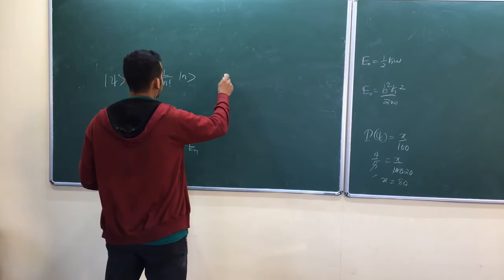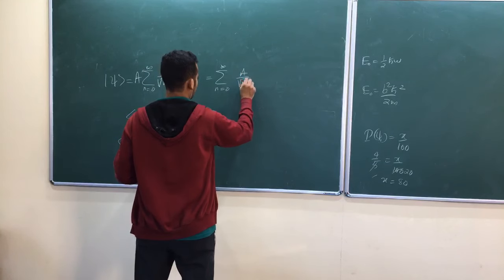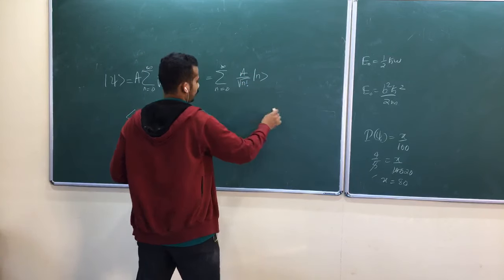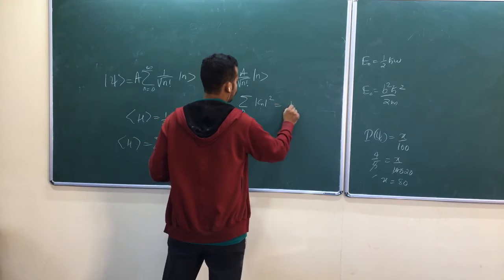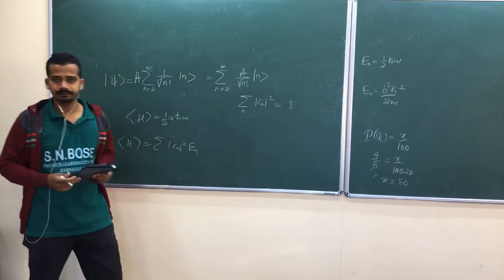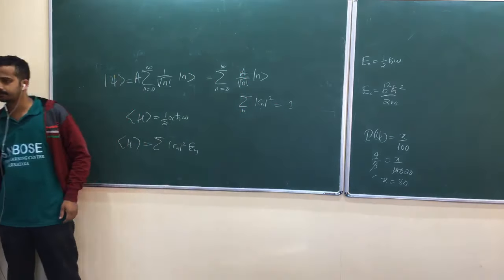Now look here. What is the normalization condition? Can I write it like this? Summation over n equal to 0 to infinity of a by root n factorial state n. Am I right? Mod c n square summed over n should be equal to 1. Normalization condition: mod c1 square plus mod c2 square and so on should be equal to 1. What is cn? Can I take this one as cn?